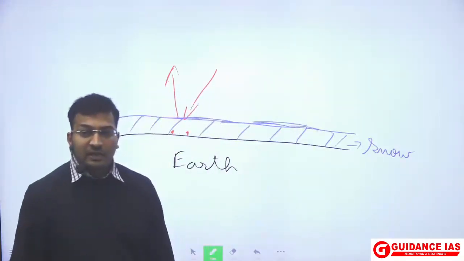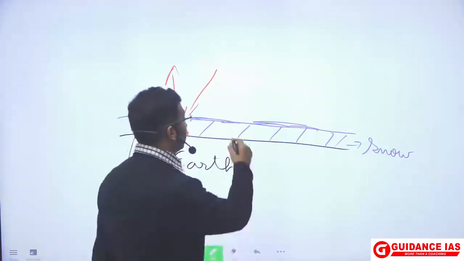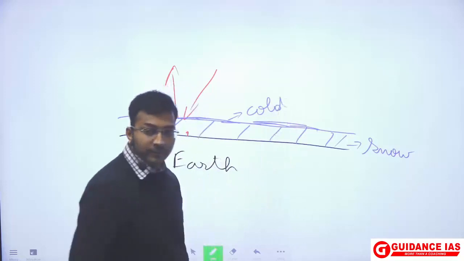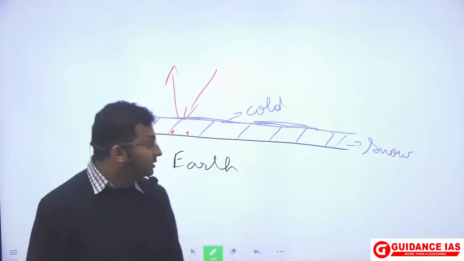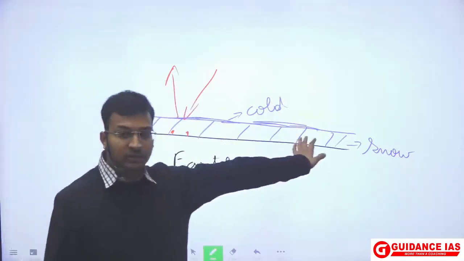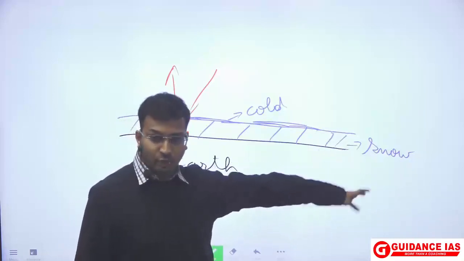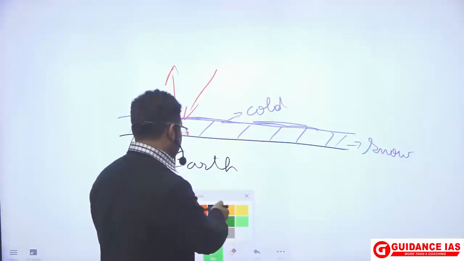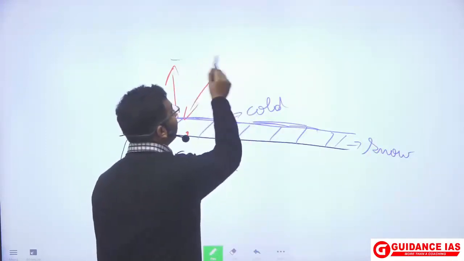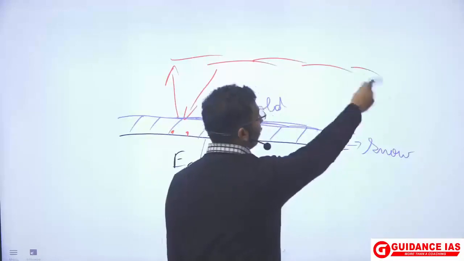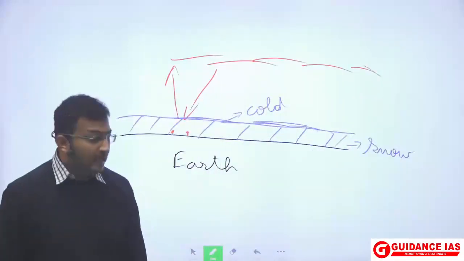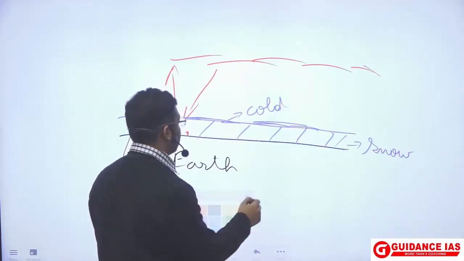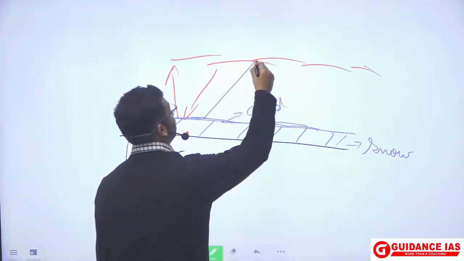As a result, the surface above the snow is quite cold, whereas the layers above are comparatively warmer, and the phenomenon of temperature inversion will be observed.